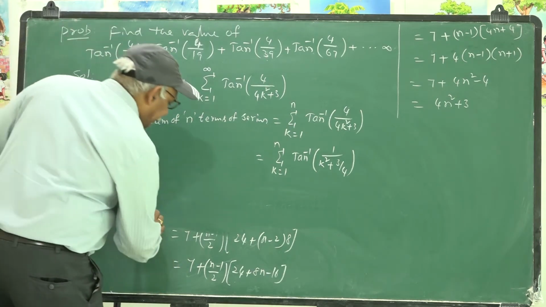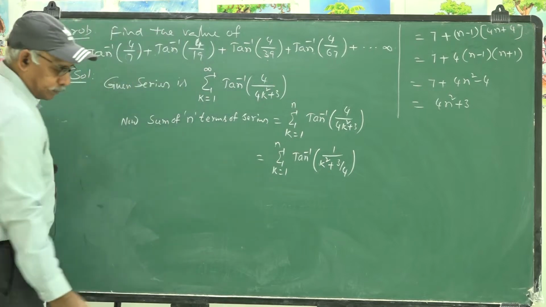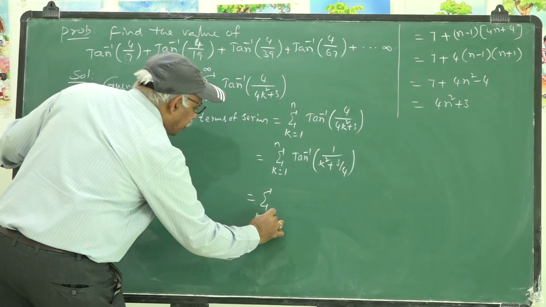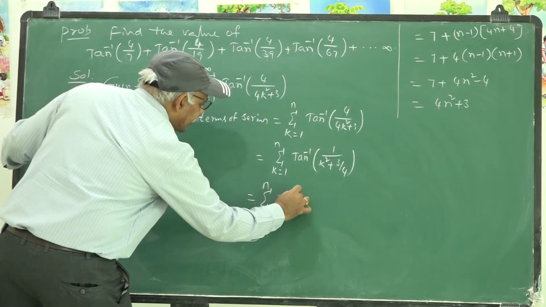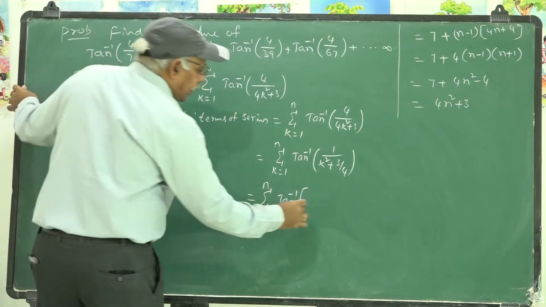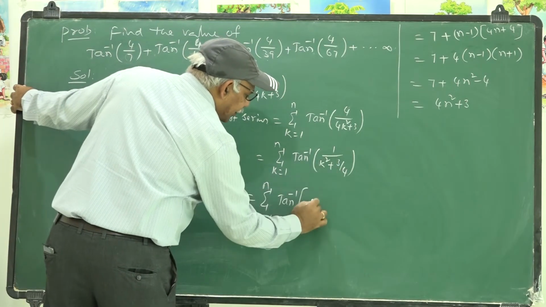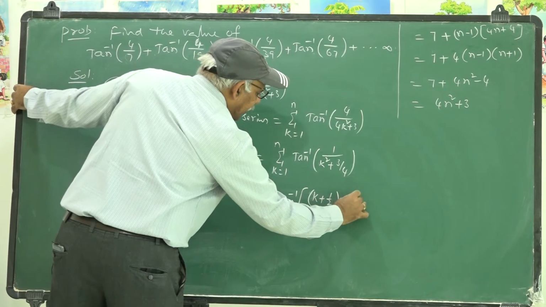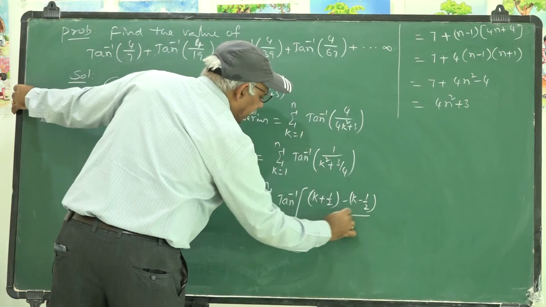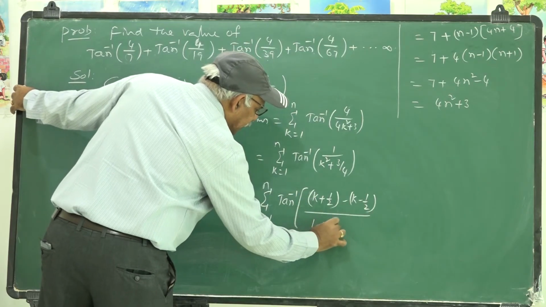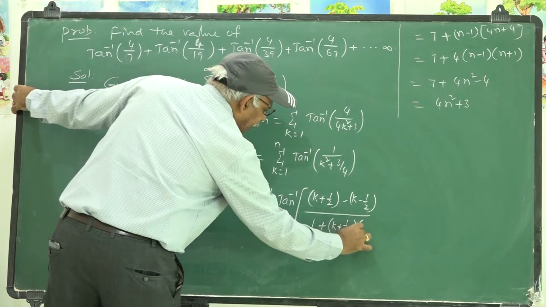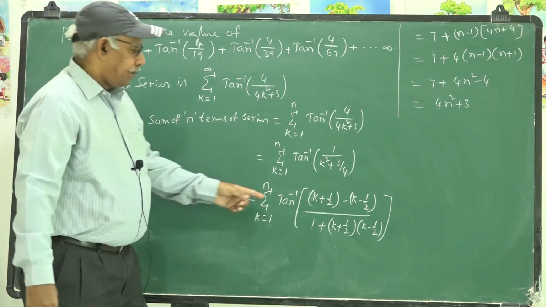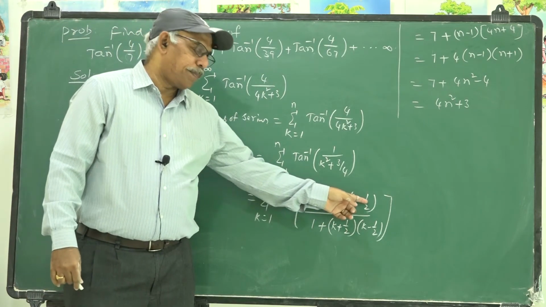So that this is sigma k equal to 1 to n tan inverse of, I can write this as k plus half minus of k minus half by 1 plus k plus half into k minus half.